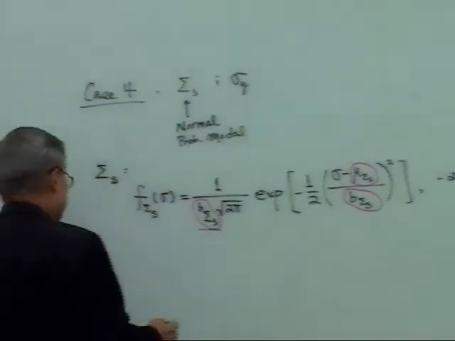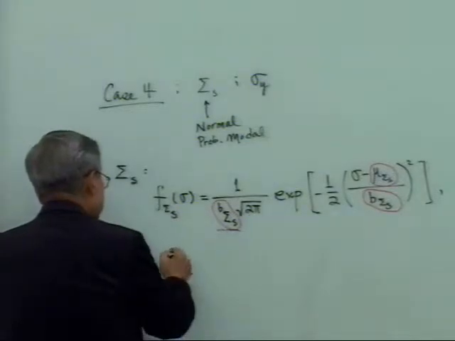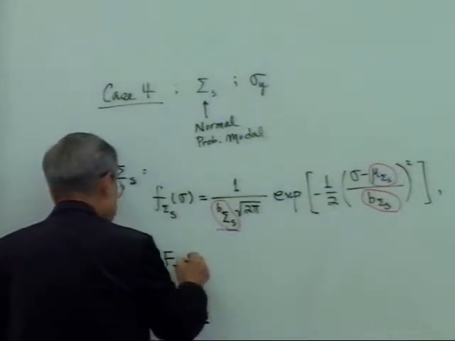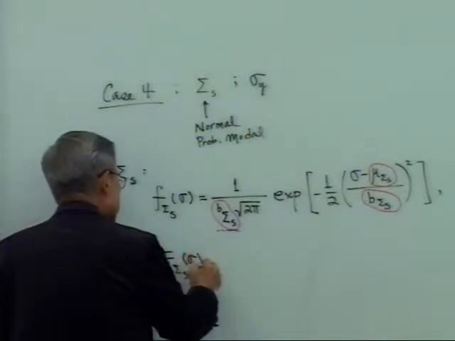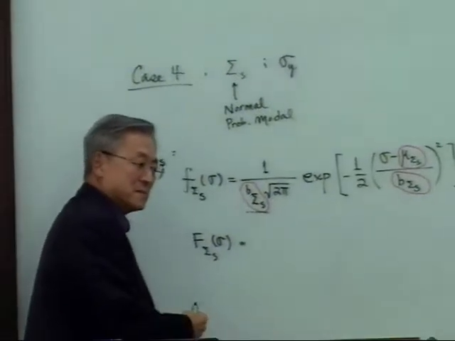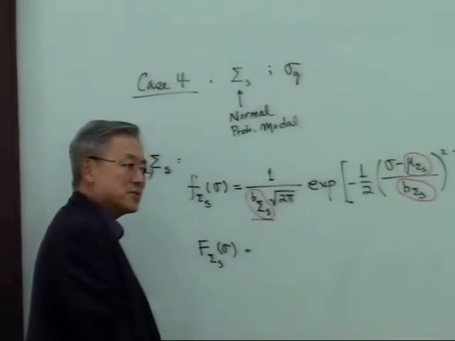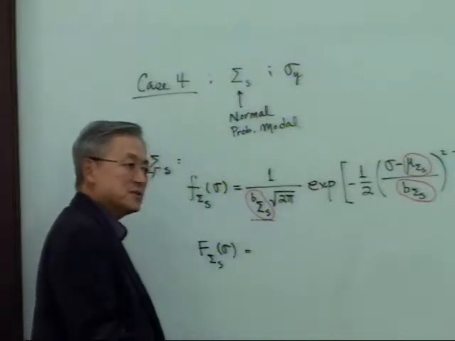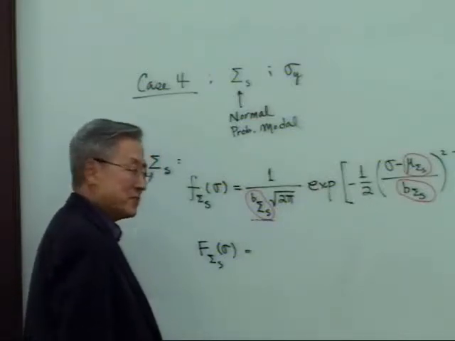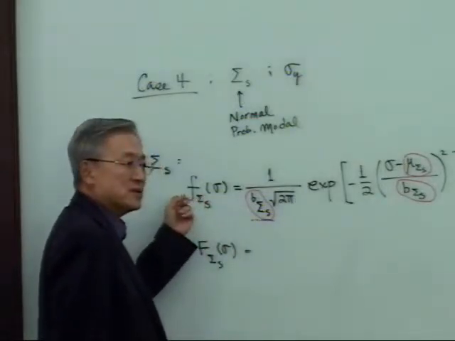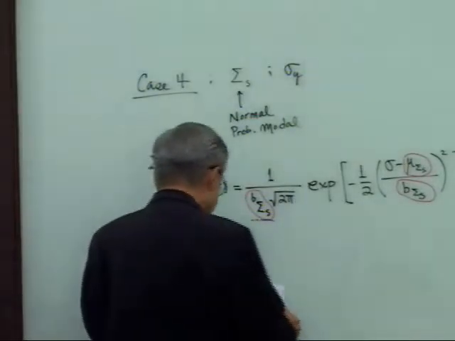And the F sigma S, sigma, what's this? It is the cumulative distribution function, the Gaussian cumulative distribution function, which is the integration of this guy, the density function, of course.